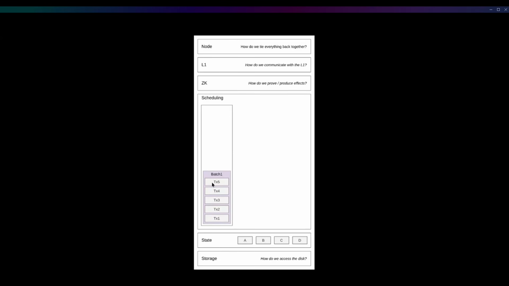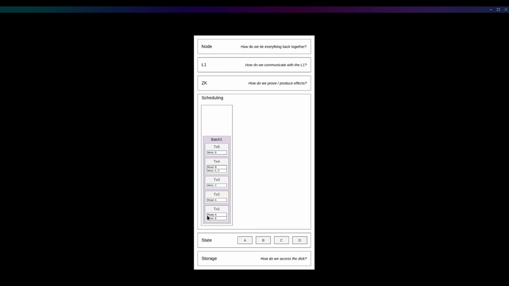Our goal is to ultimately process these transactions as fast and as efficiently and, most importantly, as parallel as possible. The first thing that we do to allow this to work is we introduce a little metadata field to each transaction where we say what we want to read and what we want to write.